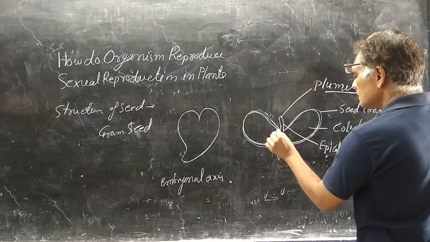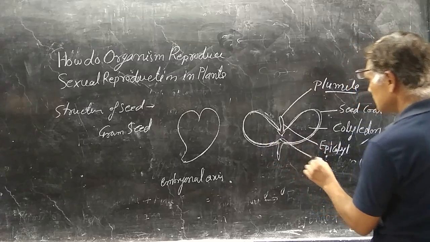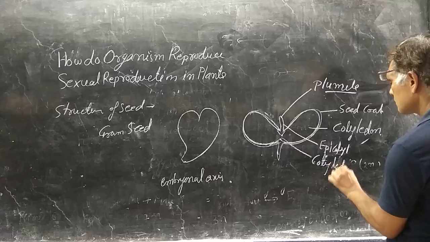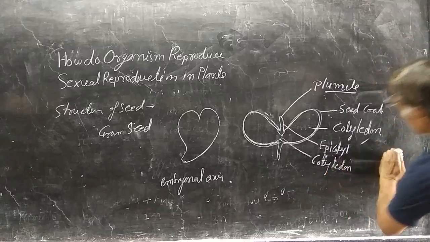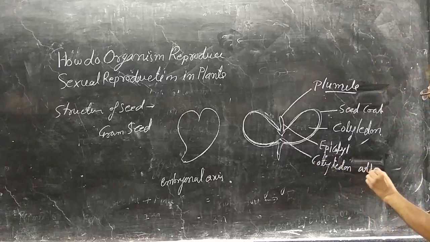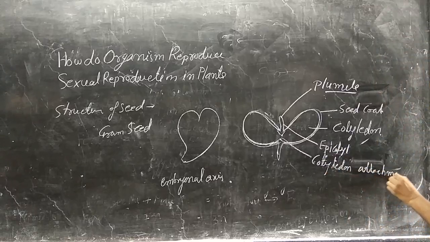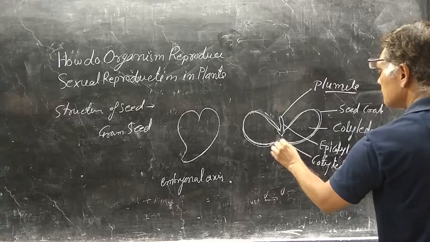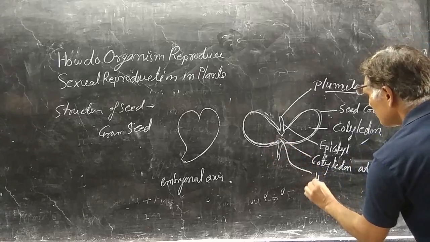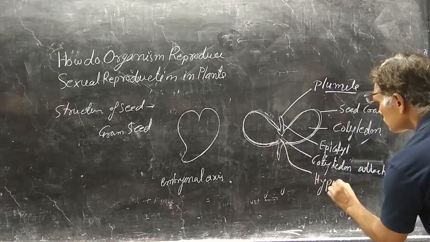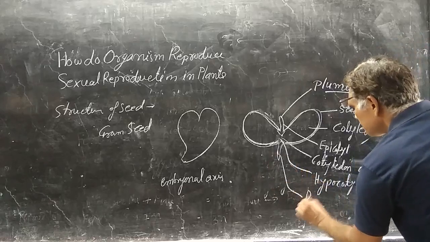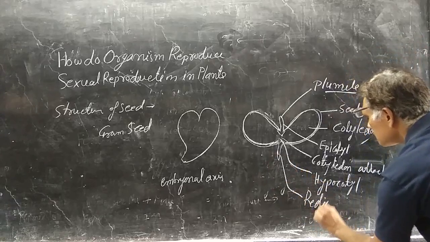Then here these two cotyledons are attached, that is the cotyledon attachment, and below the cotyledon attachment is the hypocotyl, and then this one is the radicle.